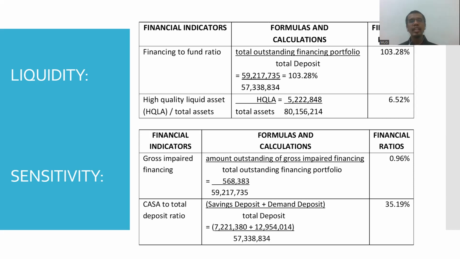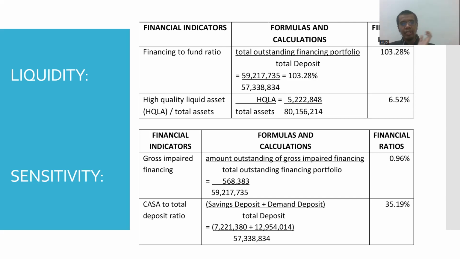103.28%. Okay, this is quite risky because the financing portfolio exceeded 100% of the total deposit. It's quite tricky. I think the management of Bank Islam Malaysia Berhad should increase the deposit or lower their financing portfolio.